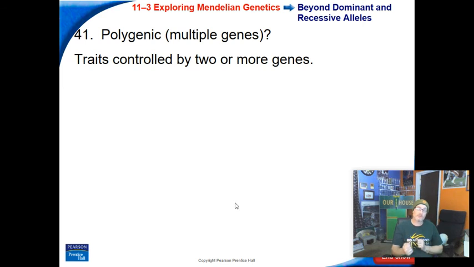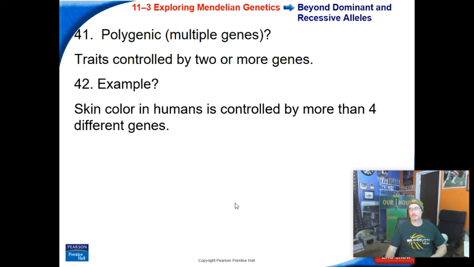There are a number of traits in that lab that are influenced by more than one gene. Therefore, you had to flip the coin more than once. That was skin color, that was hair color, that was eye color. In humans also, how tall you are is determined by many genes.